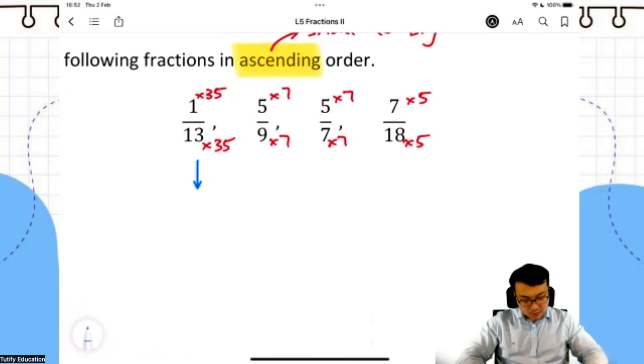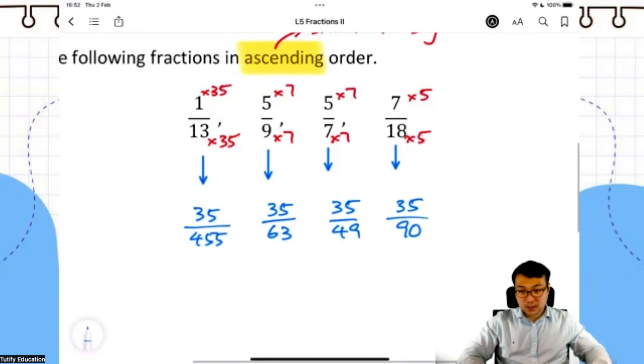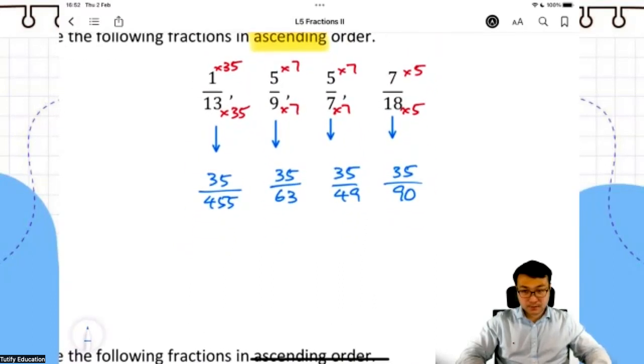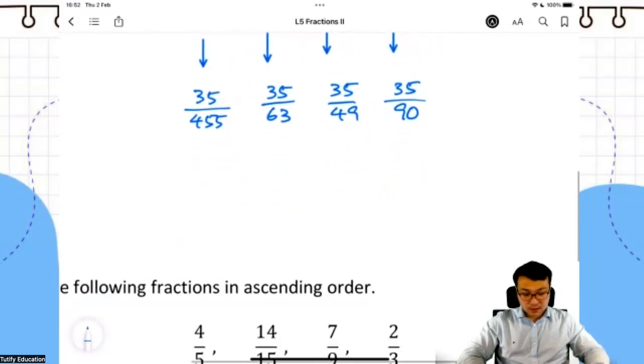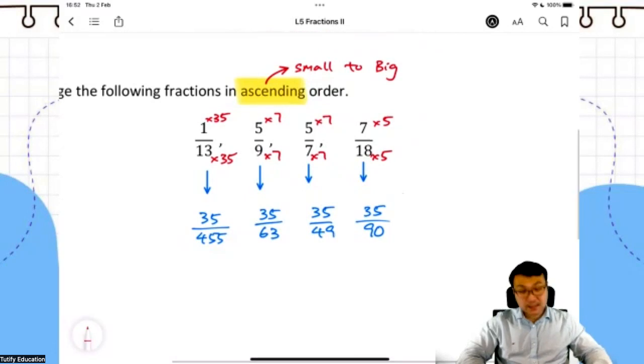Now, what will we get? We will be getting 35 over 455, 35 over 63, 35 over 49, 35 over 90. So that's what we have. Now from here, you want to rank them in ascending order.